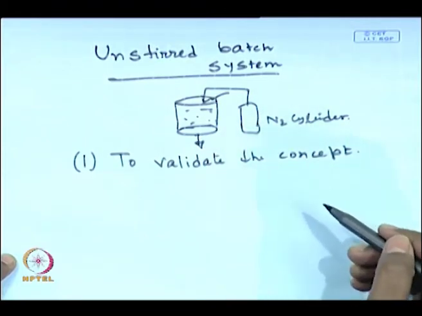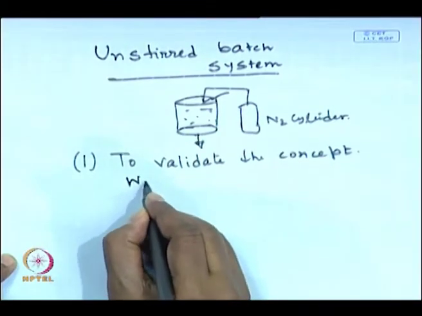Okay. So that is why unstirred batch systems are quite crucial, and the experiments conducted in such systems will give you first hand information or a confirmative measure that what you are doing is the right thing, the right step. Okay. This is number 1. So, it is a worst performer.